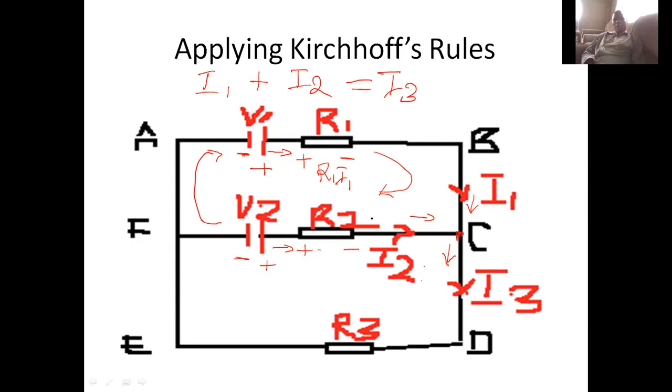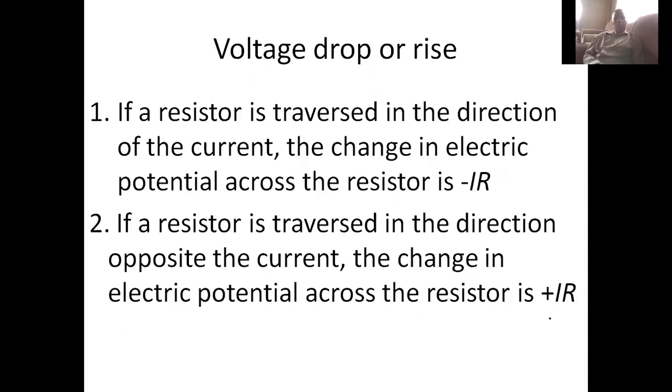Similarly on the second loop, we expect the current to go around this loop, which is loop F, C, D, E. Here, when the current comes, we expect this will be positive and this will be negative, because the current is flowing in that direction. So basically, this is the first step we are supposed to do when we want to use the loop law.